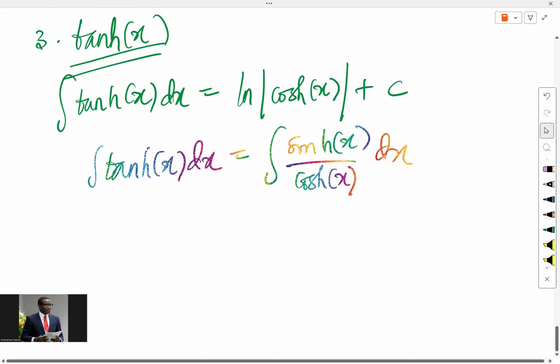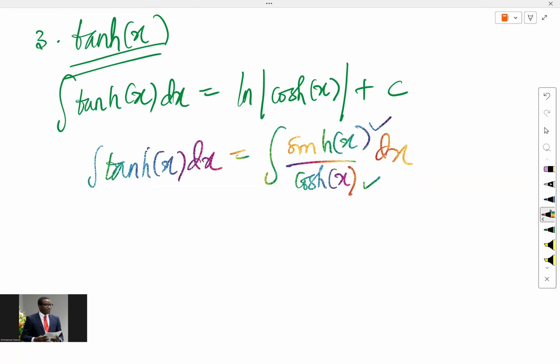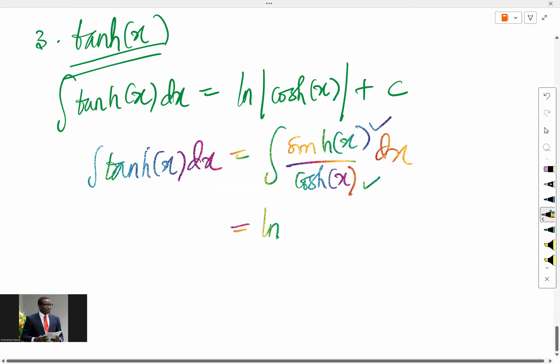One thing we can do is, there's this idea that if you differentiate the bottom and you get the top, then the integral is the log of the bottom. Do you understand? So if you differentiate cosh x, you're going to get sinh x. So it just follows that the integral will be the log of the bottom.